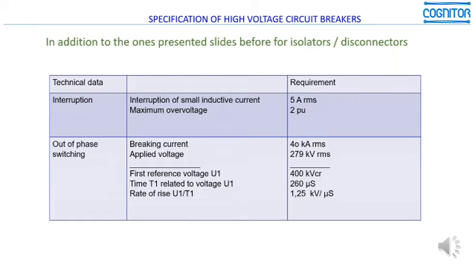If this happens, the voltage applied to the circuit breaker can become much higher, and theoretically can even arrive at double the normal applied voltage. Then, for circuit breakers that can be used in this kind of situation, this type of out-of-phase switching test is recommended.